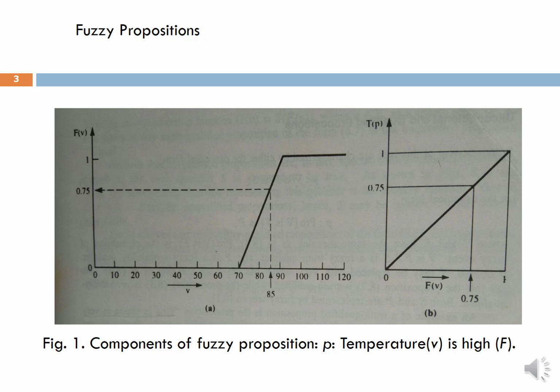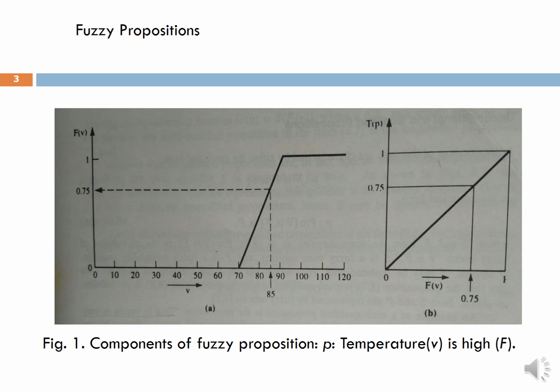V is the air temperature in degrees Celsius or Fahrenheit at some place on the earth. Let F be the fuzzy set that represents the predicate high temperature. That is going to be the high temperature.